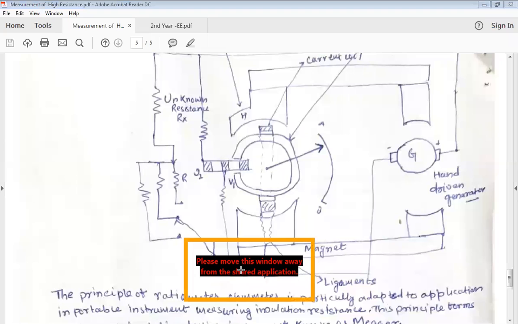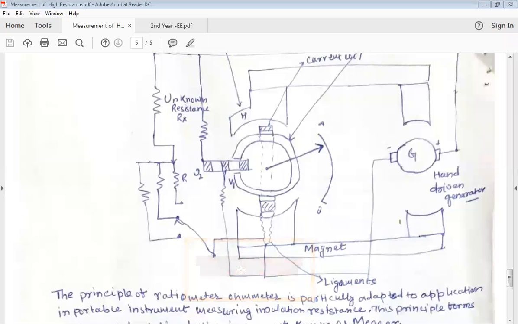Any doubt? No, sir. Any doubt? So in the next class, I will discuss measurement of inductance and capacitance. Okay. Okay, sir.